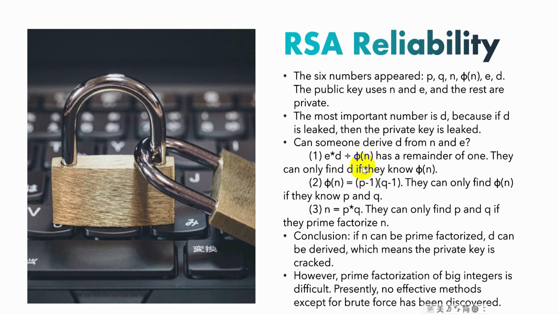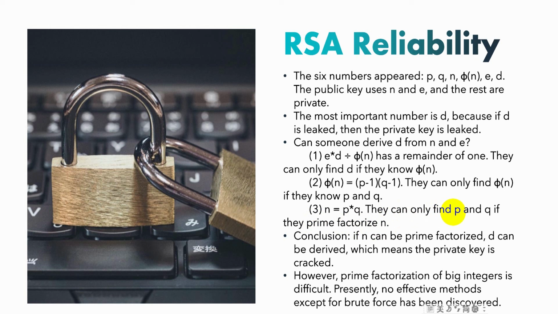So if we know the value of phi N, then we can find D. But phi N equals P minus 1 times Q minus 1, and we can only find phi N if we know P and Q. And we can find P and Q because N equals P times Q. So if we can prime factorize N, then we can find P and Q. So conclusion, if N can be prime factorized, D can be derived, which means the private key is cracked.